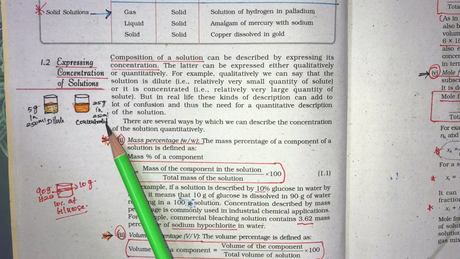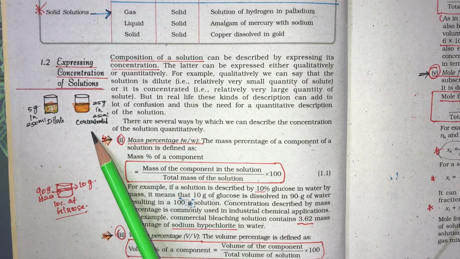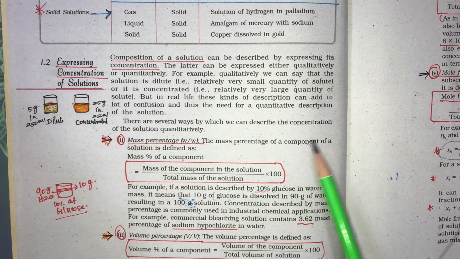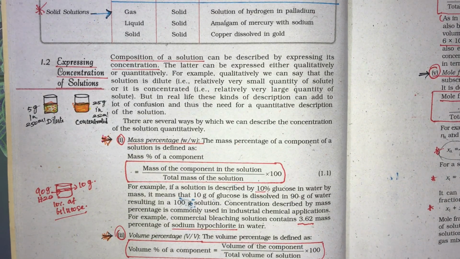The solution which contains more amount of solute is called a concentrated solution. There are proper methods for expressing the concentration of the solution. The various methods are mass percentage, volume percentage, mass by volume percentage, parts per million, mole fraction, molality and molarity.